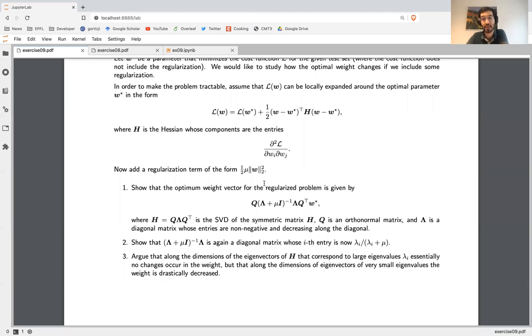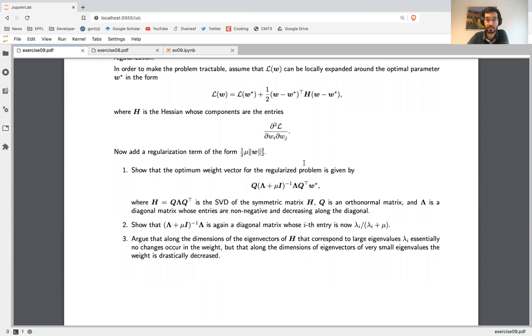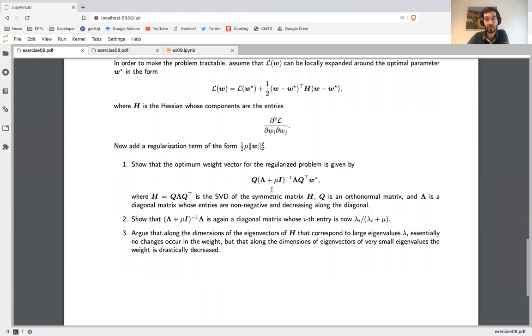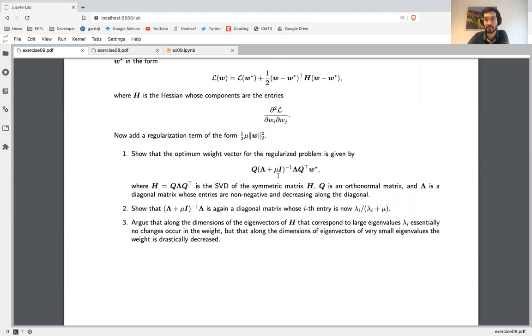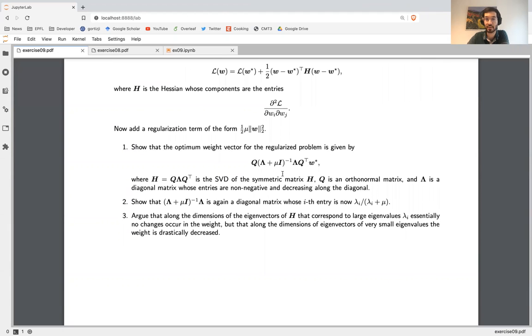And what you will see is that once you derive that minimum by making the gradient equal to 0, the solution will have this form. So the solution of the regularized problem will be the same solution as you would have if you didn't have the regularization term, times some matrix. And this matrix will depend on the value of mu, but will also depend on the eigendecomposition of the Hessian.